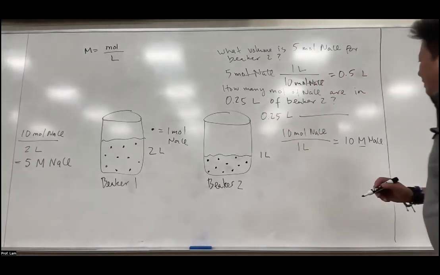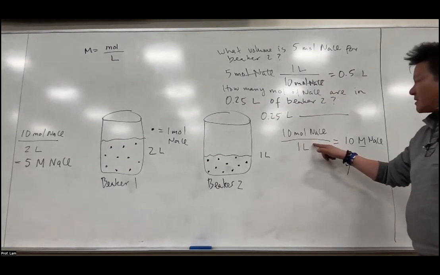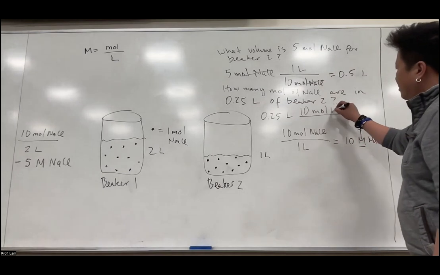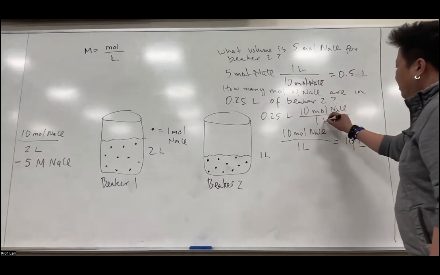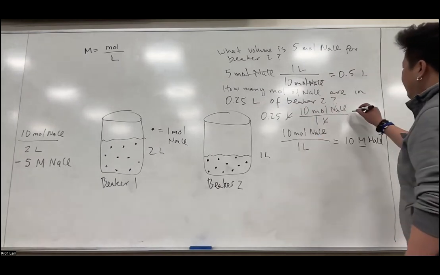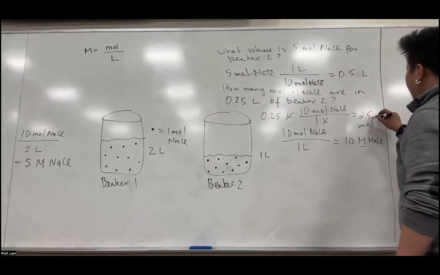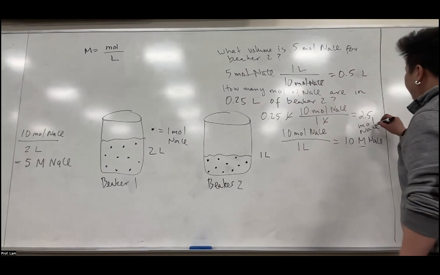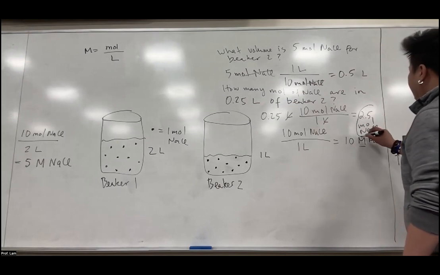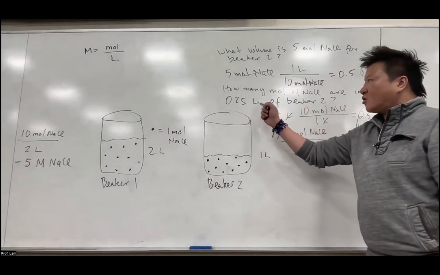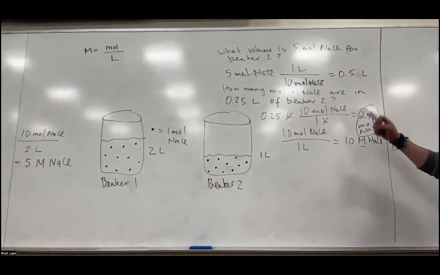And what am I going to put on top now? Oh, the 10 moles, because I want moles out, 10 moles of NaCl over 1 liter. So that would be 2.5 moles of NaCl. So that means if I drink a 1/4 liter of this solution, I would drink 2.5 moles of NaCl.